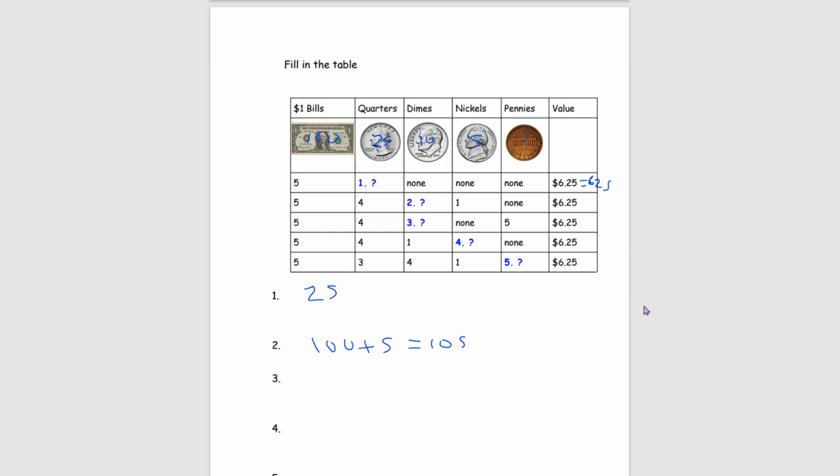We can then do 625 minus 105. That gets us 520, and we can just do 520 divided by 10. Our answer for number 2 is 52 dimes.